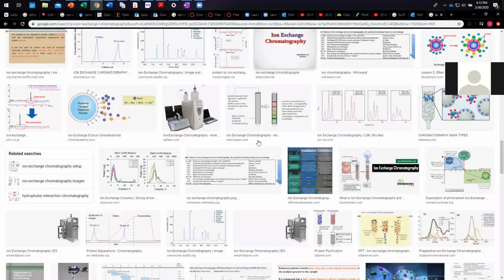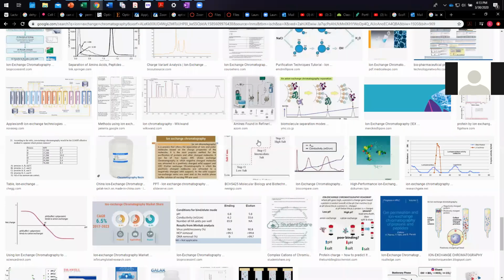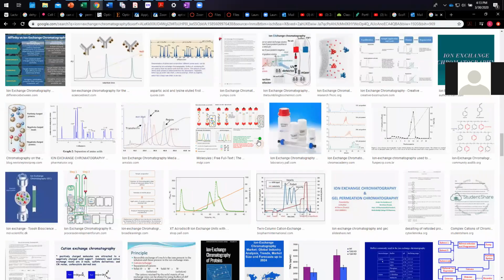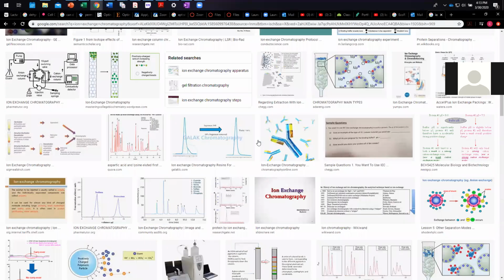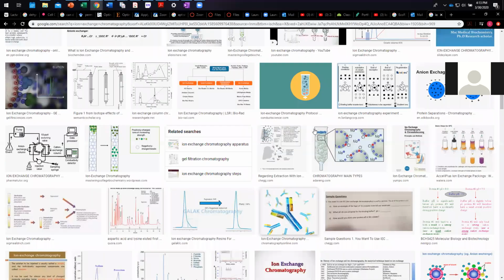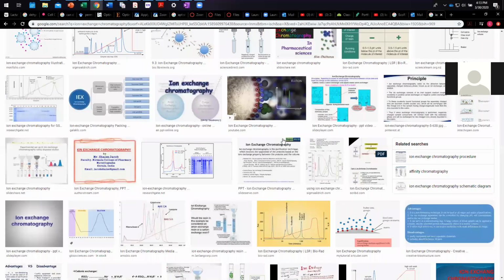I'll pull up a better diagram that actually shows the correct charges. I pulled it up in the last lab. This is a nice diagram. It showed DNA phosphate binding.